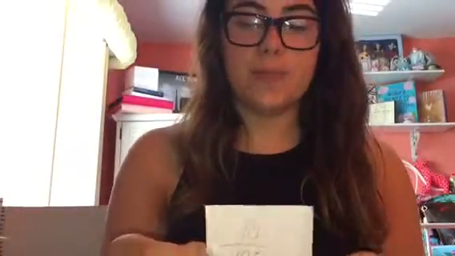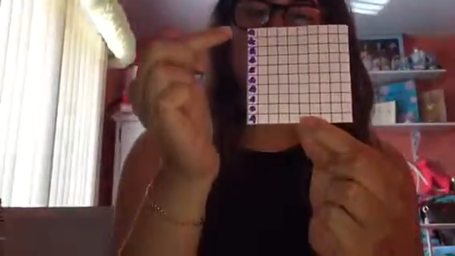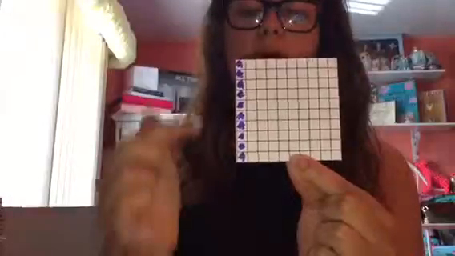10 out of 100 turns into the fraction 10 out of 100, which is also the decimal we just discussed. Think about it for a second. Which decimal is 10 over 100? It is 0.10 because there is 1 tenth out of the 100.